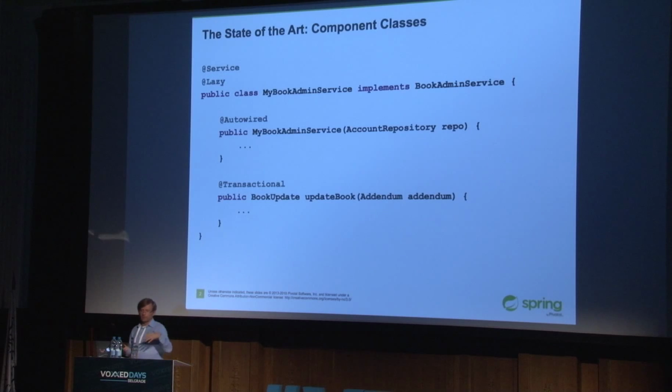This is a MyBookAdmin service class. It implements some service interface, but it doesn't just say it's a service in the name, which is arbitrary, right? Any name for the class could be used here. It also formally declares itself as a service through the @Service annotation on top.